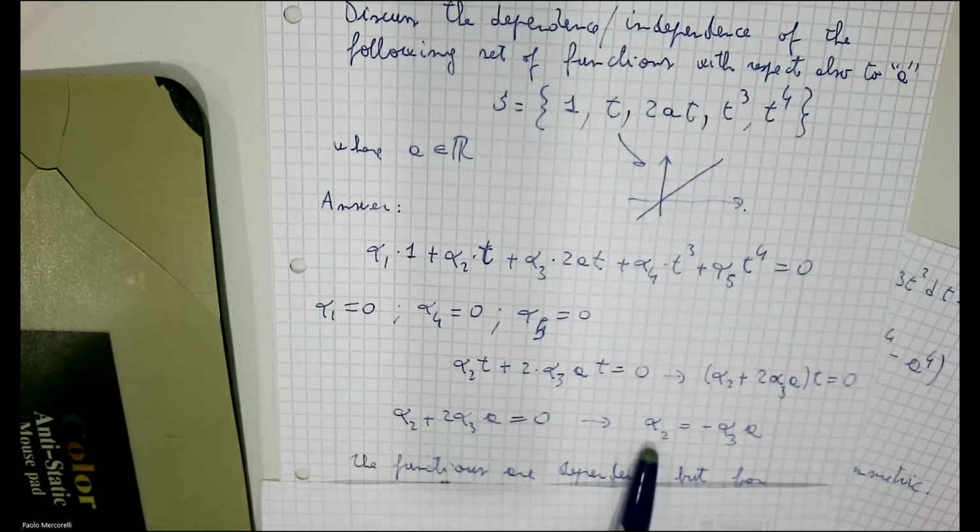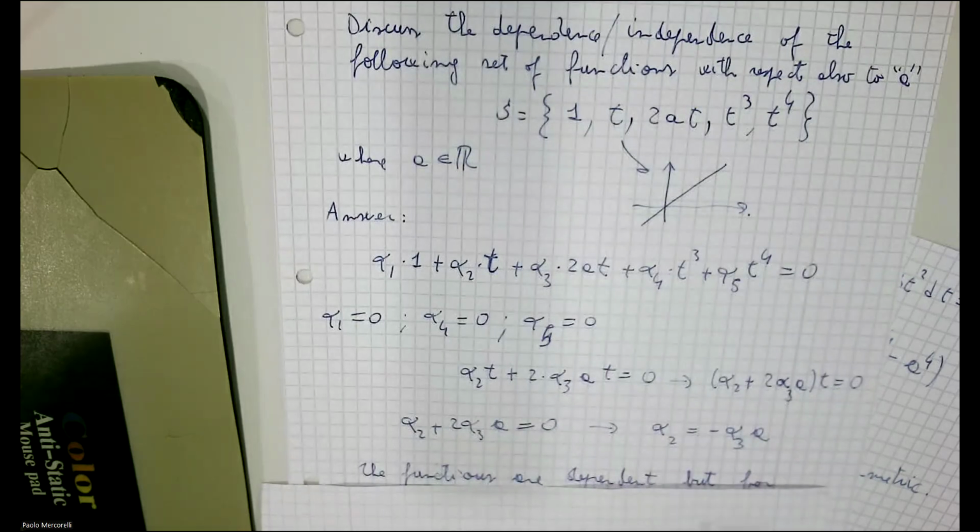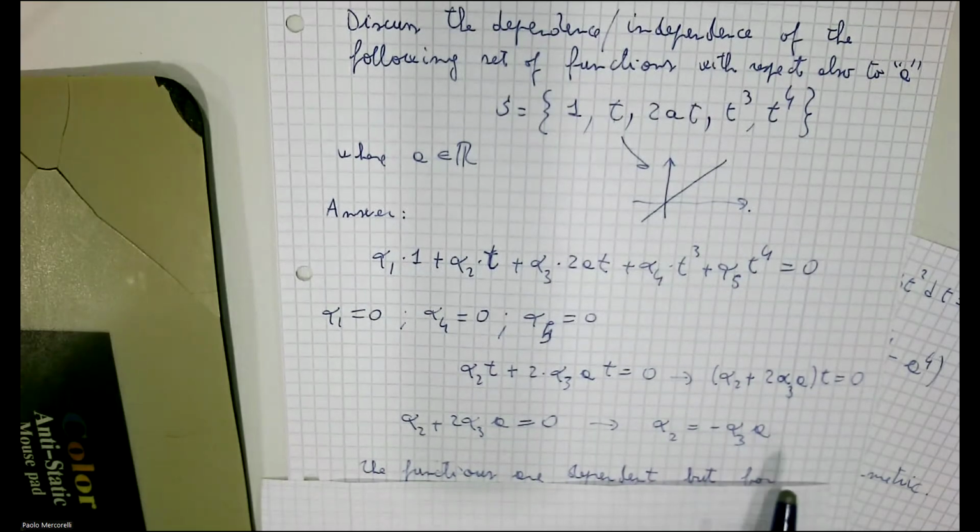This means alpha 2 equals minus alpha 3 multiplied by a. Look at this. If a is not 0, we have alpha 2 equal to minus alpha 3. This means in this case, if a is not 0, we have the dependence, because not all elements are 0.